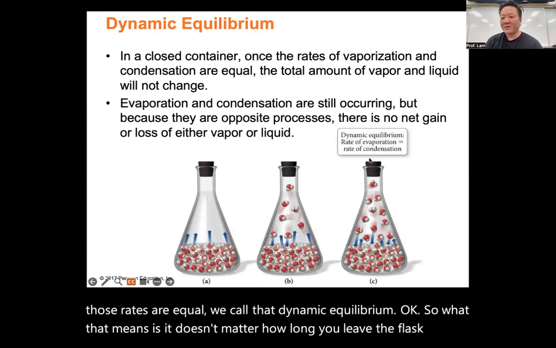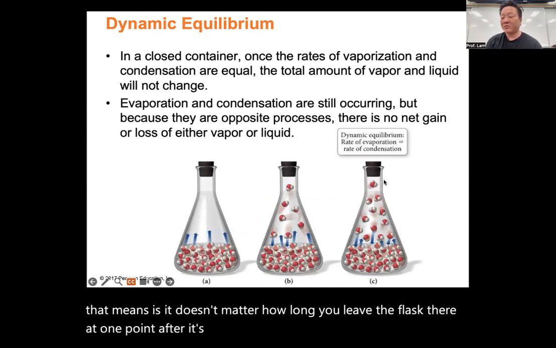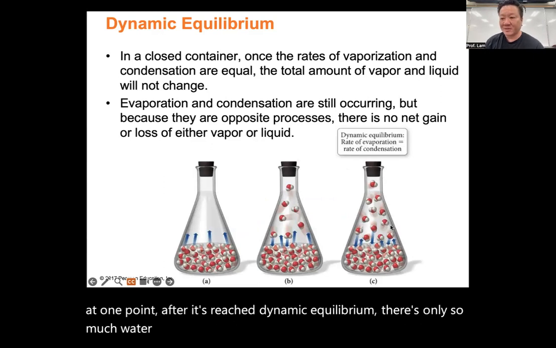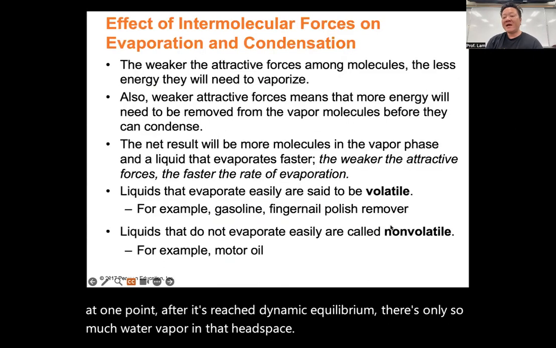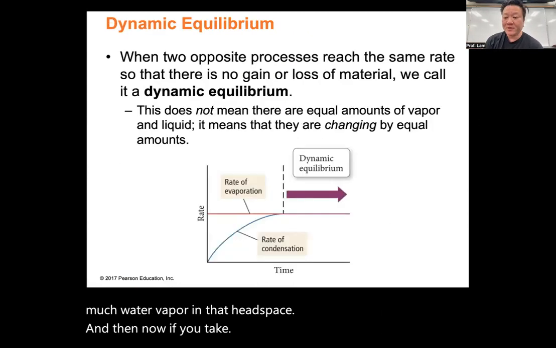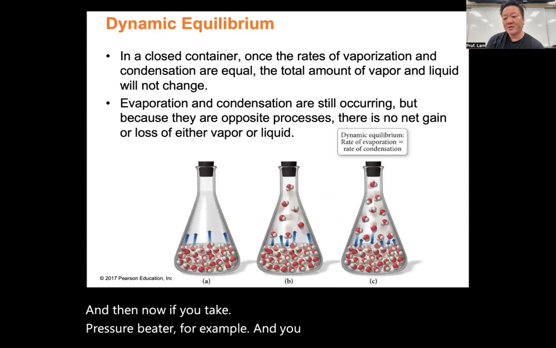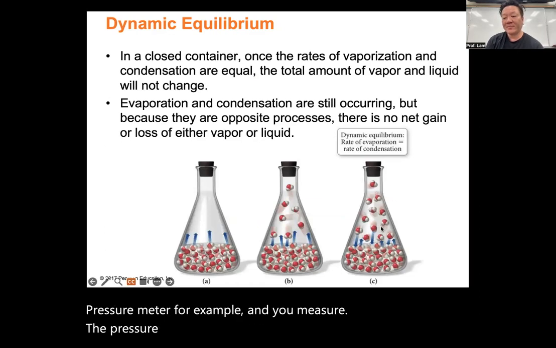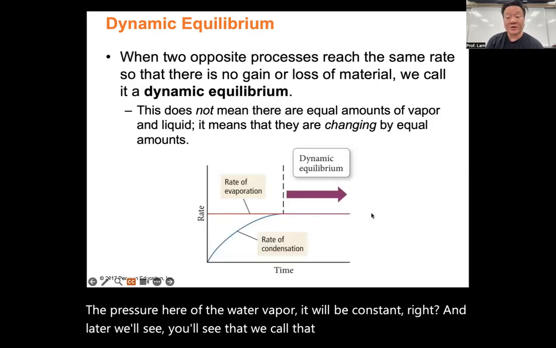At one point, after it's reached dynamic equilibrium, there's only so much water vapor in that headspace, okay? And now if you take a pressure meter, for example, and you measure the pressure of the water vapor, it will be constant, right? And later you'll see that we call that the vapor pressure of water, right?